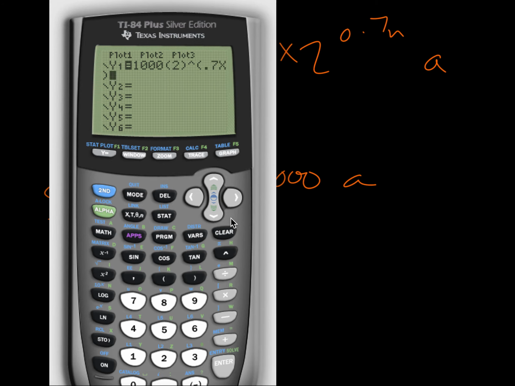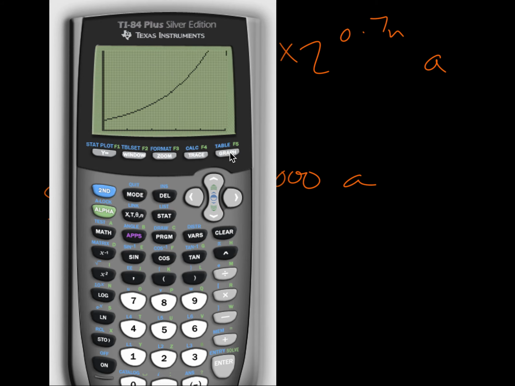Okay, so we want to graph that. And it's not fitting, so that makes sense though. So we go to the window. Let's do like 0 to 5 maybe on the x, and then let's go to, I don't know, 8,000, so like 0 to 8,000. Alright, we'll see if that works. Okay, that looks pretty good.